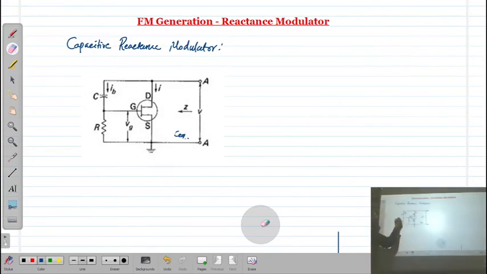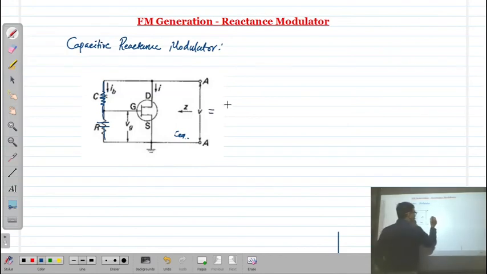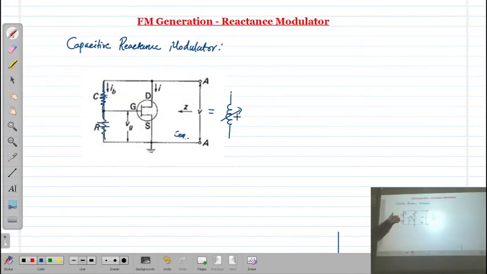If I replace the capacitor with a resistance, and the resistance with the capacitor, then this will work as a variable inductor. Remember, same circuit, only if we interchange the resistance and capacitor.